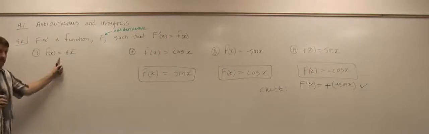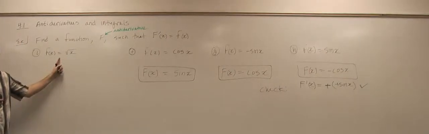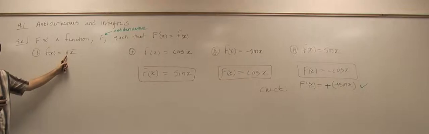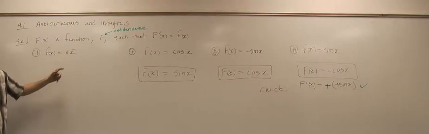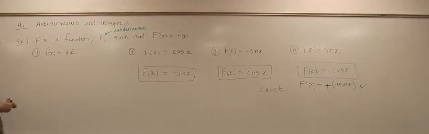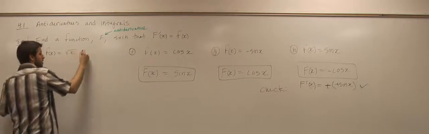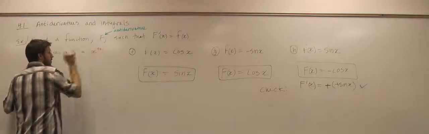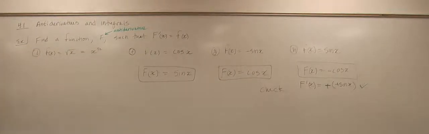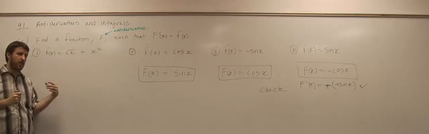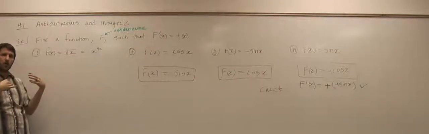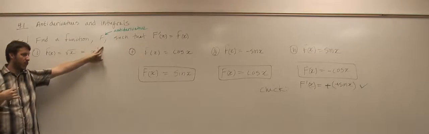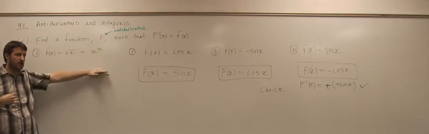What do you do for the derivative? Right, but you have to change it to a power first, right? So it's the same idea for going backward. Change this to a power first, and then the power rule for anti-differentiation is going to apply. When you go backward, the opposite of a derivative, you add 1 to the power and then divide by the result.